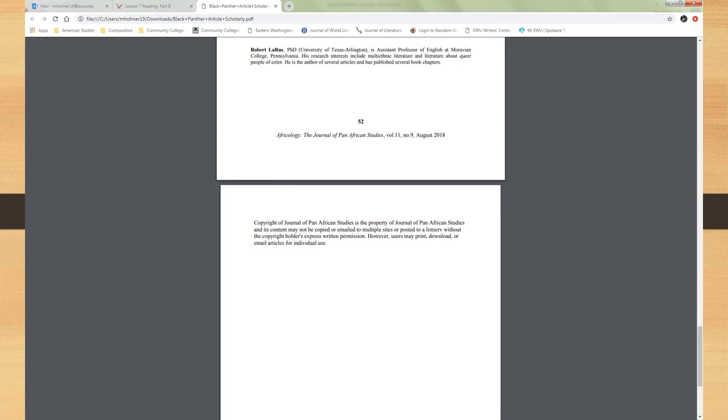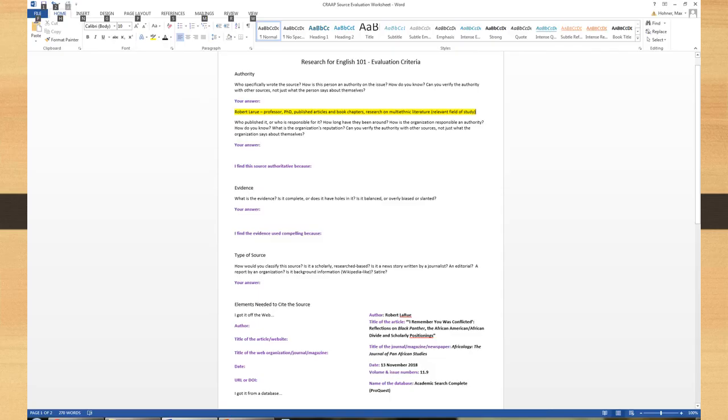But for this one, as you'll see in a minute, I think it's reliable because this information is included in the journal with the author's bio. So they want that up front. They're not shy about presenting it. If someone is falsifying that information, it's probably a little bit harder to find. So you can see my answer here. He's a professor, PhD. He's published other things, and then his area of research is very relevant to this topic.